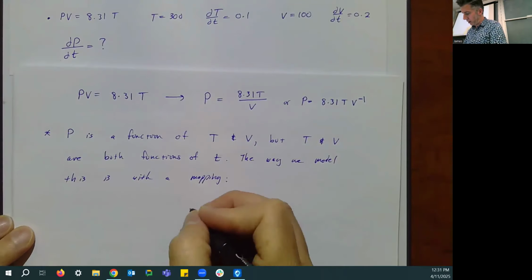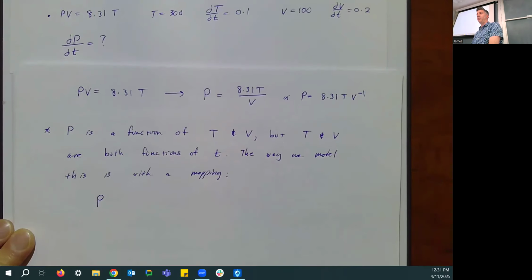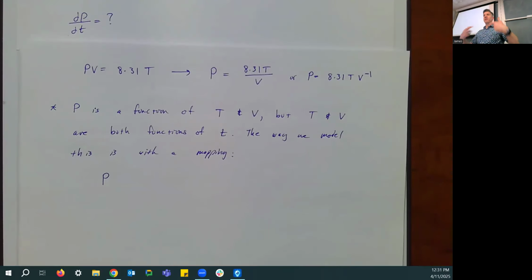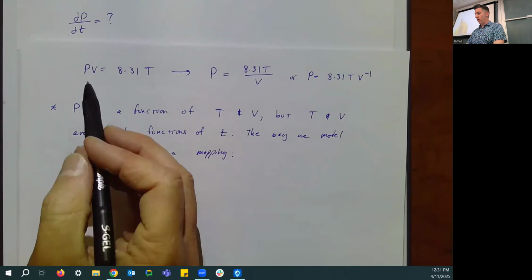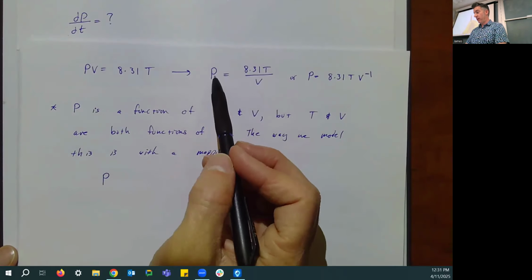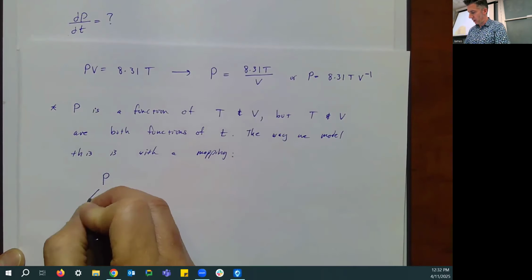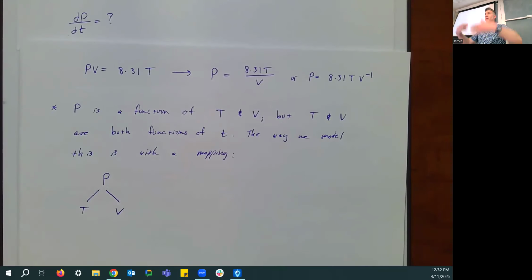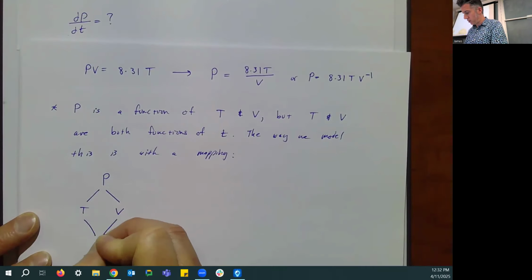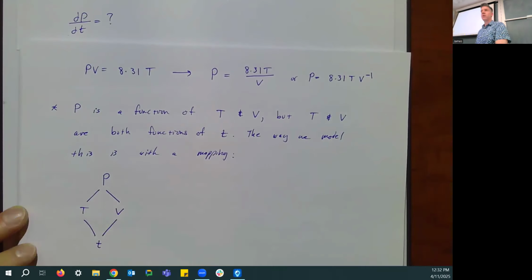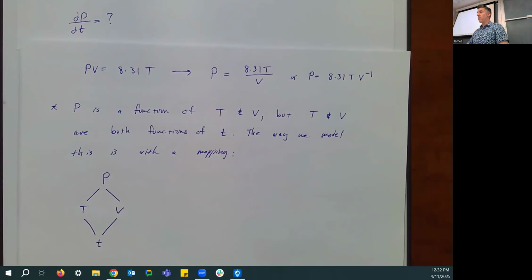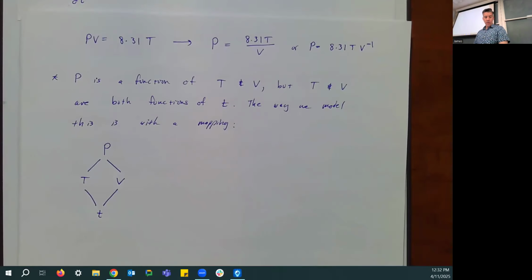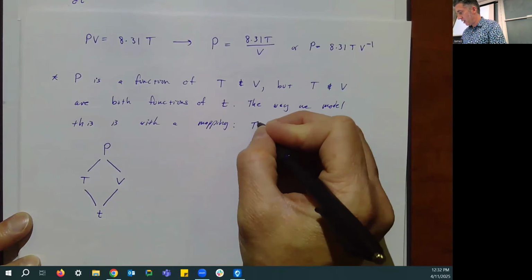At the next level down, pressure immediately depends on, if we look at this equation, temperature and volume. And then the next level down, temperature and volume both depend on time. Since it's the same, we're just going to draw two little paths that go to the same lowercase t. So here's our mapping.